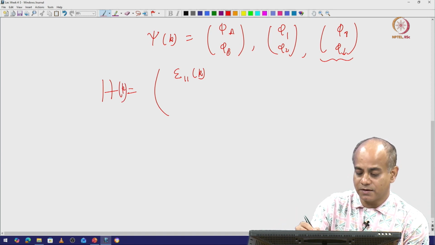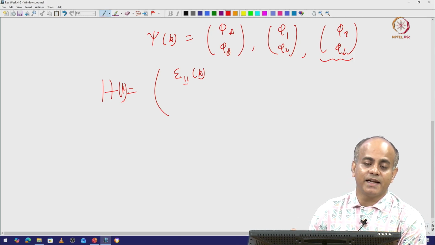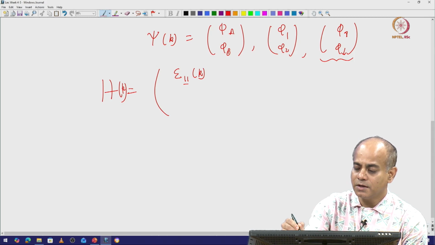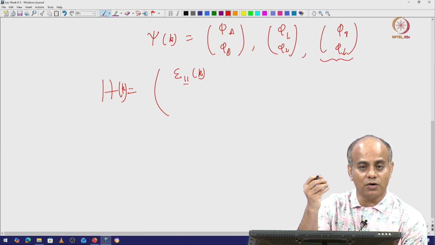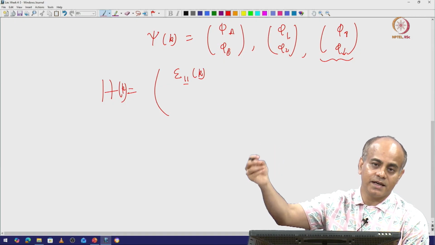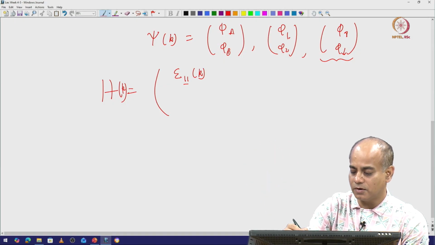this dispersion. This is the dispersion that arises for hopping between the same orbital, 1 to 1, including the on-site term as well as nearest neighbor, next nearest neighbor and so on.